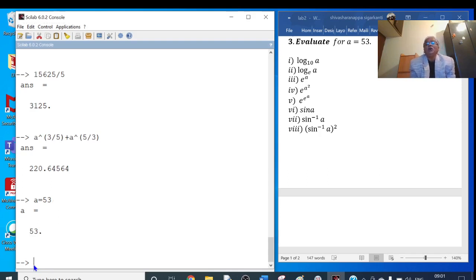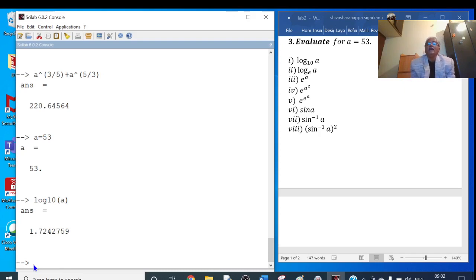I have to find out log a to the base 10. The command for log a to the base 10 is log10. In the bracket, we have to type a. This gives log a to the base 10. Enter. I am getting something here.